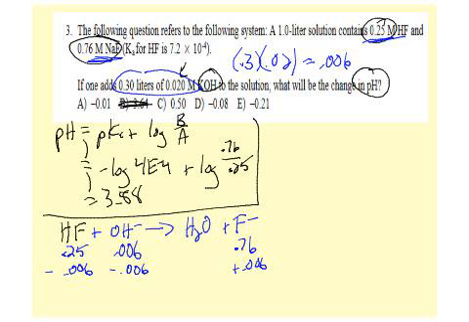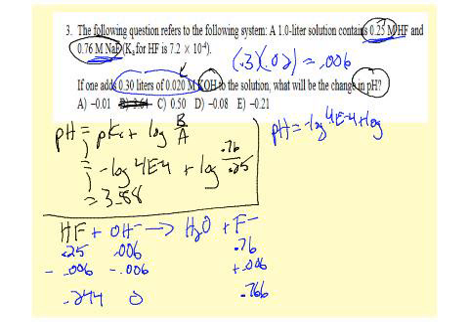So I'm going to have 0.244 and 0.766. Okay. So then I'm going to do my pH, same thing I did before. pH equals negative log 4E negative 4 plus log base 0.766 over acid 0.244.